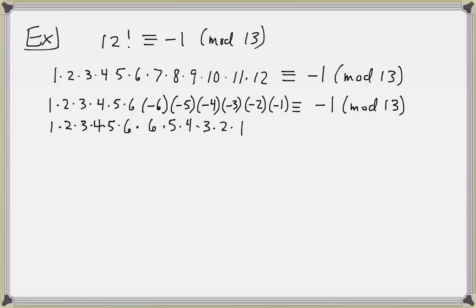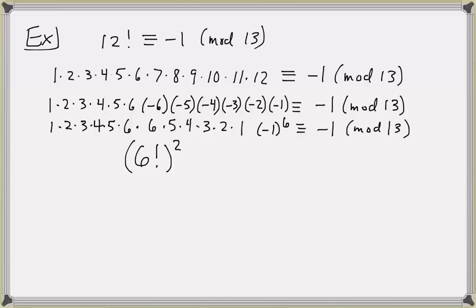And I have a total of 6 factors of negative 1. So it's negative 1 to the power 6. So I can rewrite this as 6 factorial, and I have 2 factors of 6 factorial. So it's 6 factorial, the quantity squared.